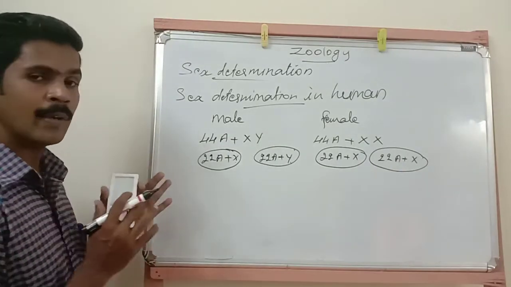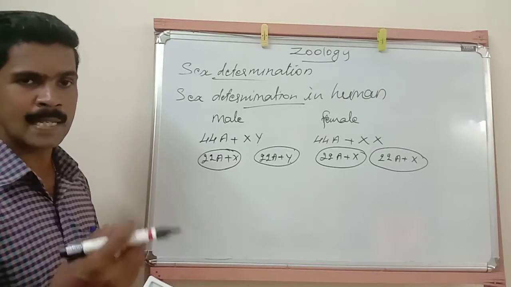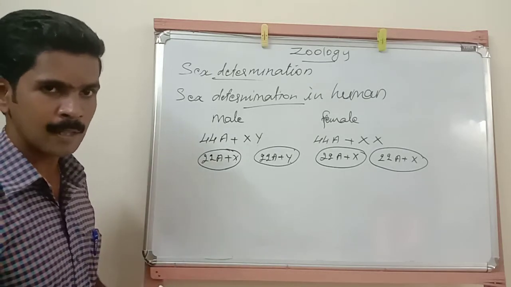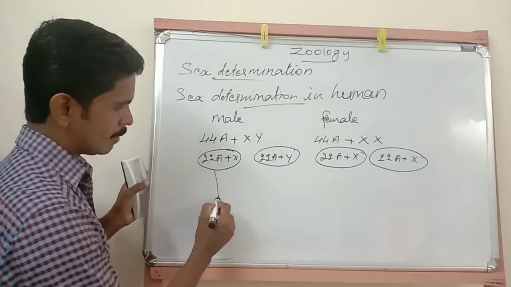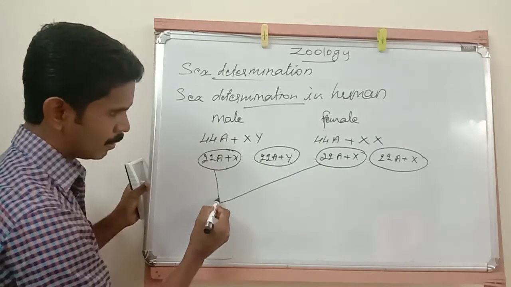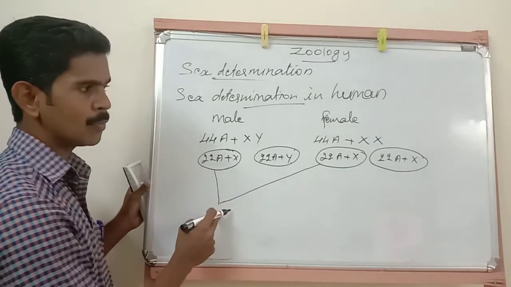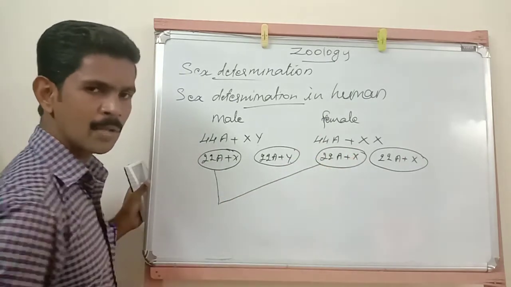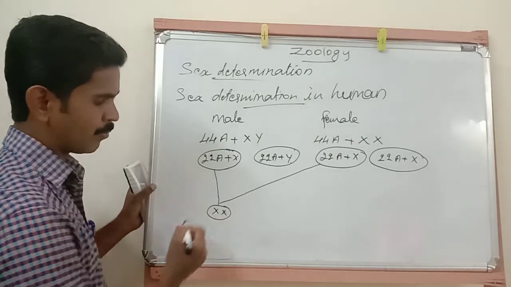Now we are going to study how the sex of the embryo or fetus is determined in human beings. Suppose this X chromosome is joined with this X chromosome. So from the male one X chromosome is coming and from the female also one X chromosome is coming. So 2 X chromosomes are found here.